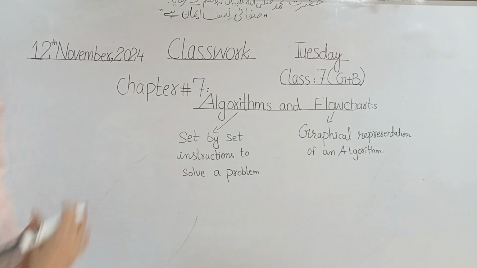As we know, we use different types of shapes in flowchart. What types of shape we use in the flowchart, boys? Rayan Raheel, please tell me. We use 6 types of shape in flowchart. What is the name of first shape, boys?